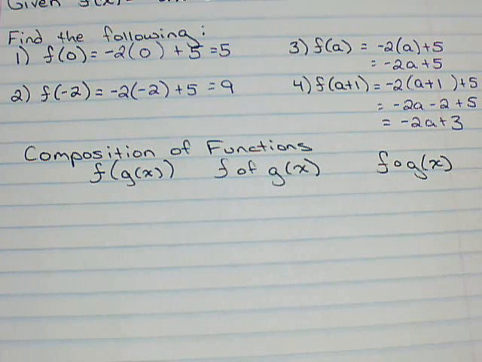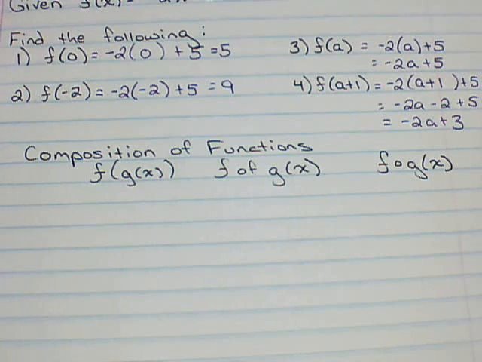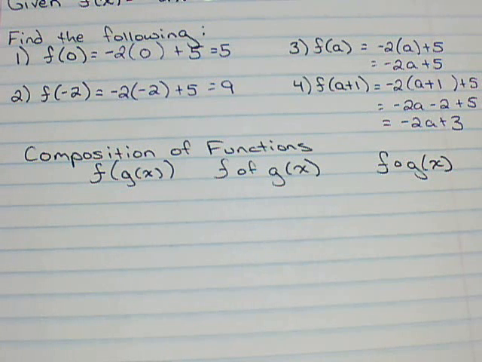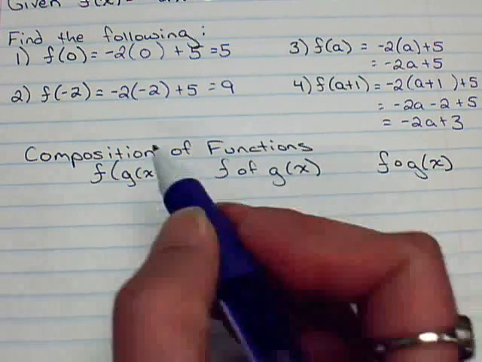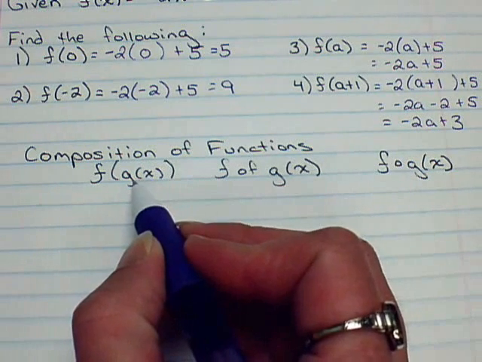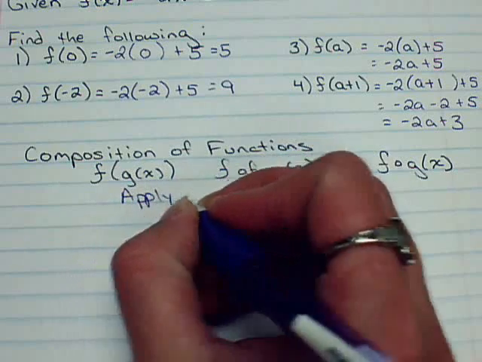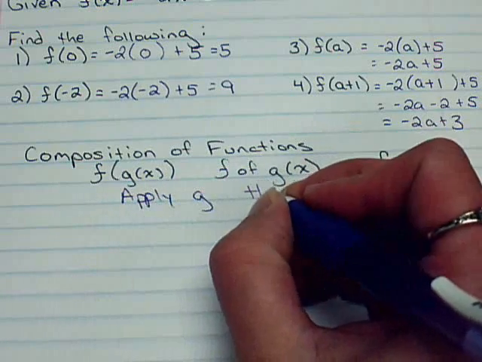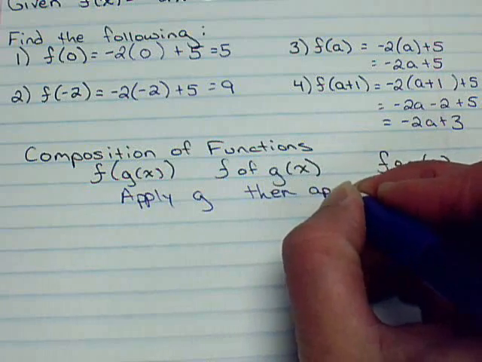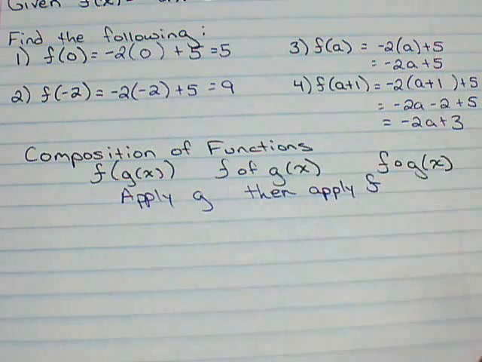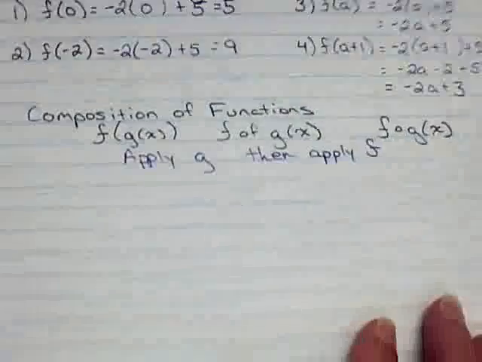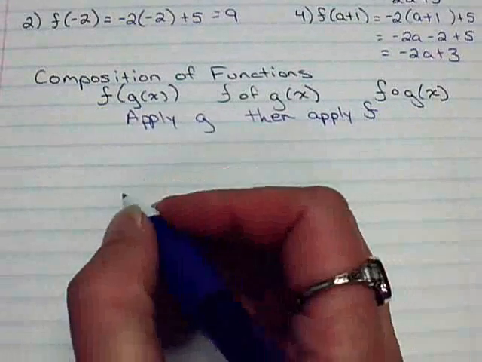That is not fog, that's just a little o. Okay, so what this really says is to take your input, apply g, so we apply the rule of g first, then apply f.